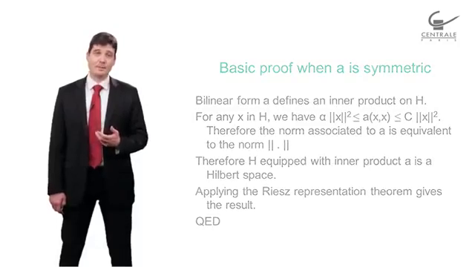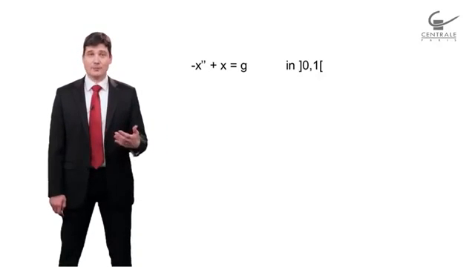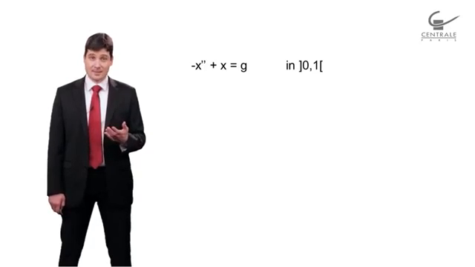The Lax-Milgram lemma can be applied to situations that are quite complex. I'm going to give you an example where the application is to a problem which is not so complex. Basically, an ordinary differential equation, negative x prime prime plus x equals g, on (0,1). Here, of course, the unknown is x.